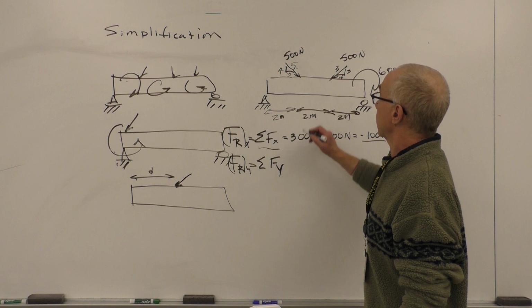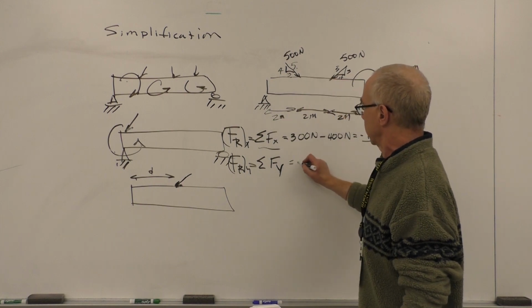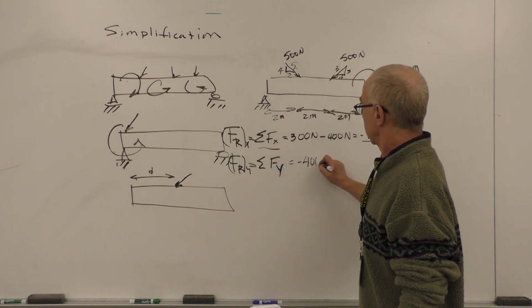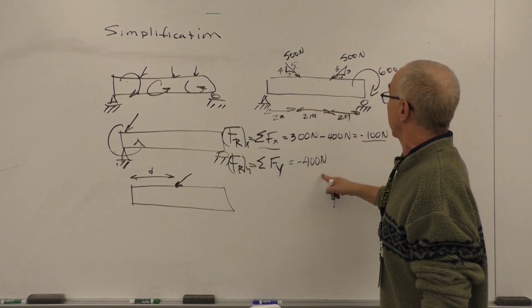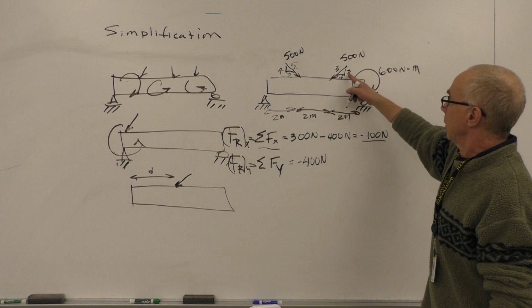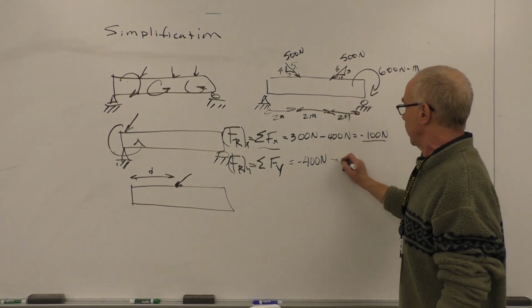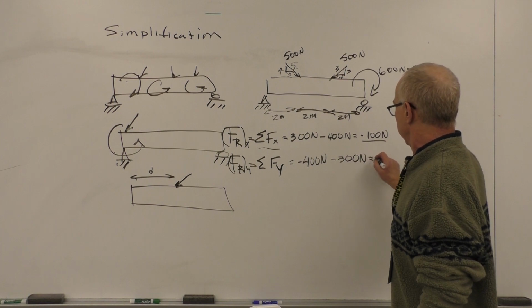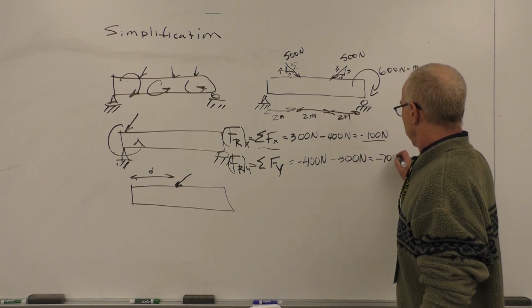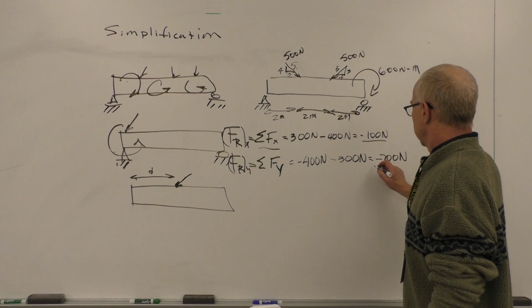I'm going to sum those up, and they'll be equal to the sum of the y components. So we have negative 400 newtons, because 4 over 5 times 500 is negative 400. Here we have 3 over 5 times 500, so it's negative 300. Actually, this is just like our other problem from last time. We have negative 700 newtons.